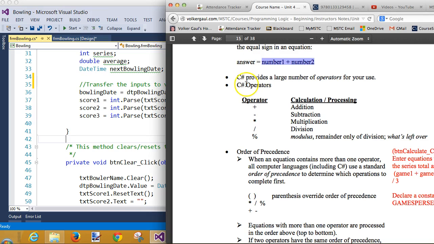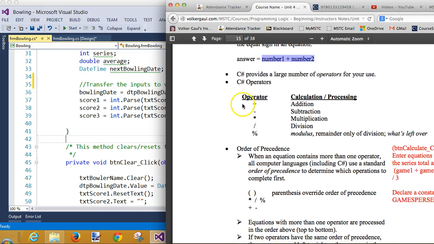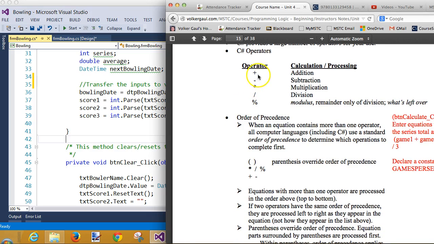The operators that we can use are the same ones that we've been discussing all along in pseudocode. You use a plus sign for addition, minus sign for subtraction, an asterisk for multiplication, and a slash for division. Many of you are working on your math program, and in the math program it shows a divide symbol, and somebody the other day said, I looked all over this keyboard. I can't find it.